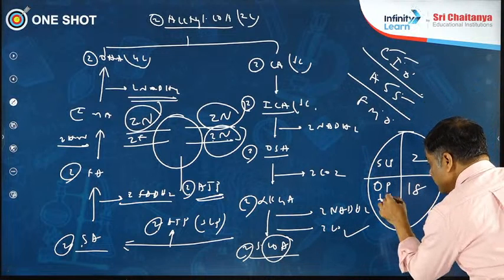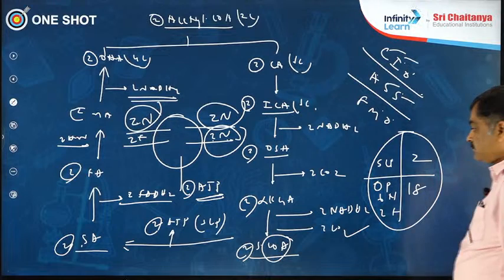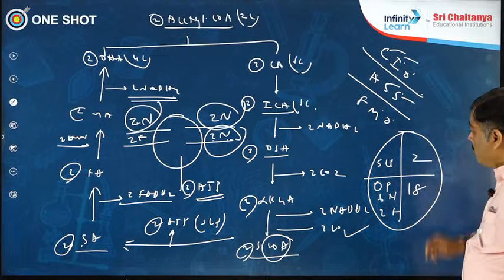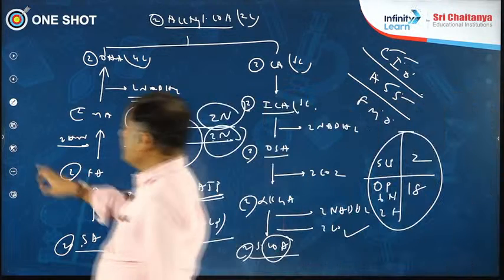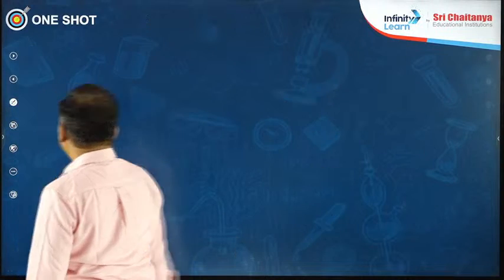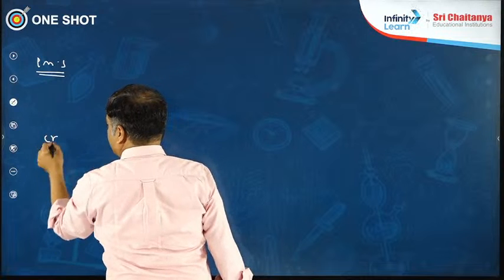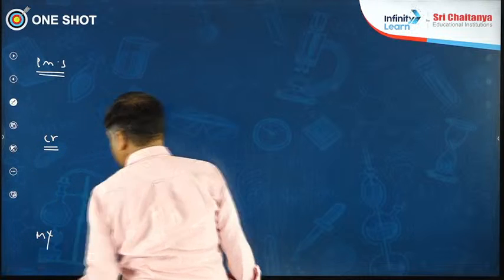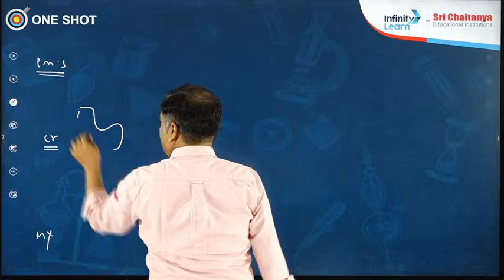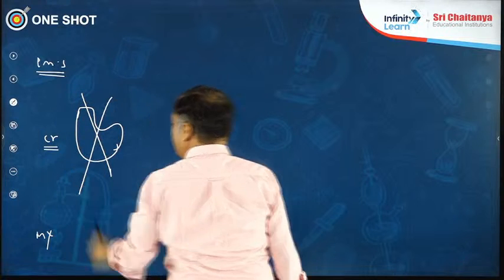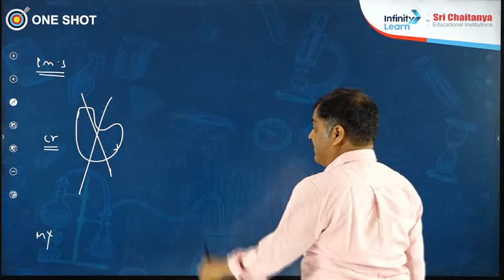Why 18? You already know the explanation. Now don't forget, there are 2 FADH2. What can we do with these 2 FADH2? Now let me explain this. All right, same diagram. This is the perimitochondrial space. This is cristae and this is matrix. Complex 1 is not involved for FADH2.